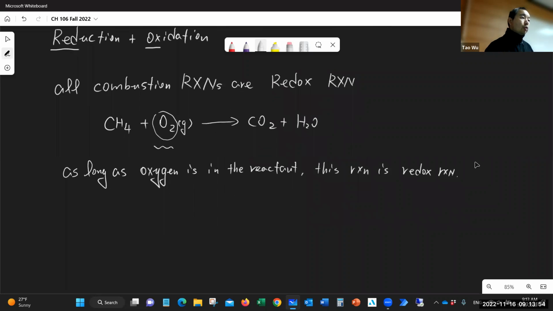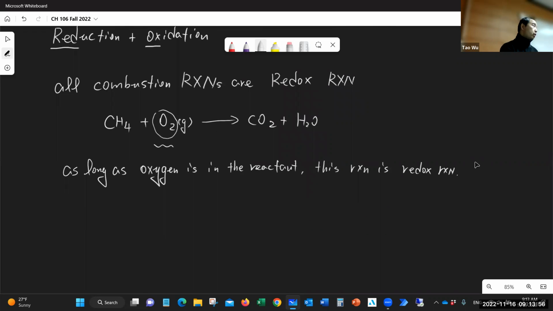So if you want to understand what exactly a redox reaction is, you have to come to the Chem 1 class, and then we will talk about more. And if you come to the Chem 2 class, we talk about that even deeper. So now I just hope you can recognize, okay, this equation is a redox reaction because we have oxygen in the reactant.